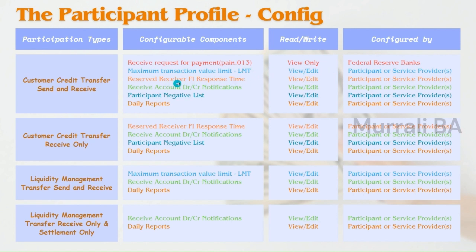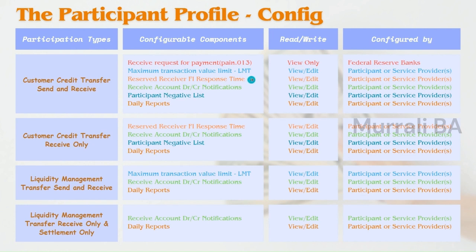And the next one, reserved receiver FI response time. This means you are playing the role of receiver FI, so you will be getting pacs.008 or pacs.004 messages and you are prompted to respond back whether it's a success or a failure, or whether you want more time, which is ACWP. Whatever it is, you have to communicate back to FedNow within a maximum of 5 seconds.